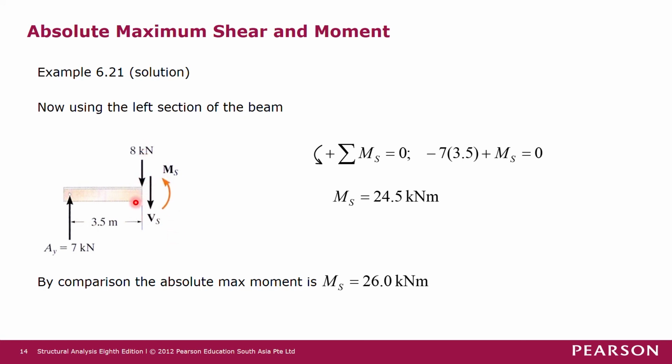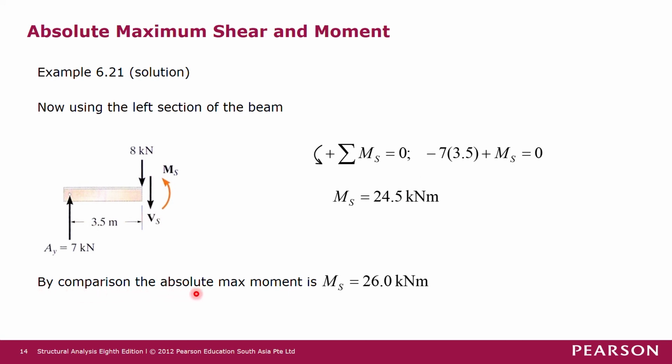From this free body diagram, we sum moment at point S, and we get minus 7 times 3.5 plus Ms equals 0. So Ms in this case is 24.5 kilonewton meter, which is less than the case when we assume the maximum moment is under the 6 kilonewton force.